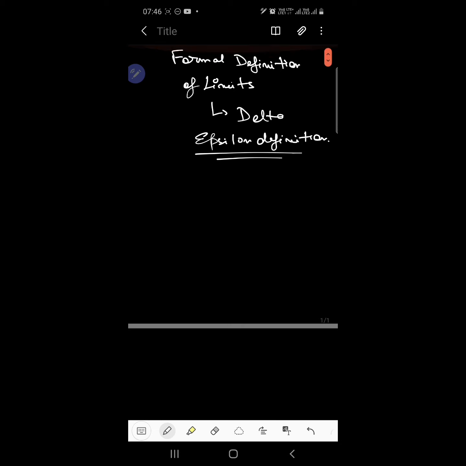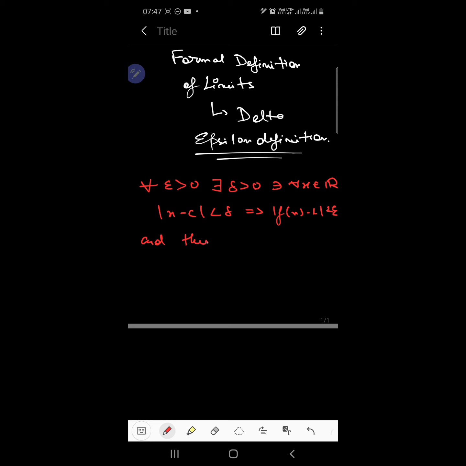The statement says that for all epsilon greater than 0, there exists some delta greater than 0 such that for all x belongs to the set of reals, mod of x minus c less than delta implies mod of f(x) minus L less than epsilon, and this means limit x tends to c of f(x) is equal to L.